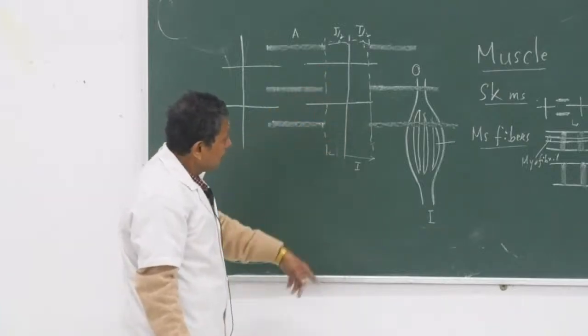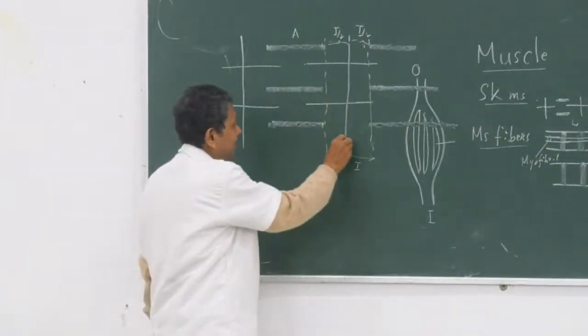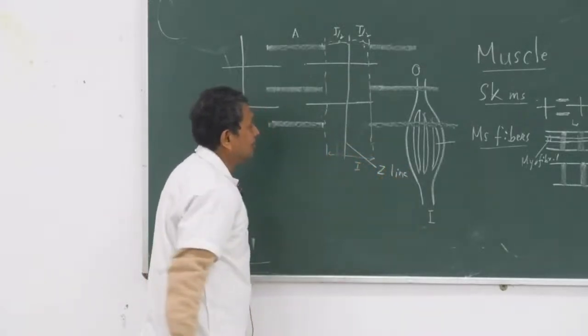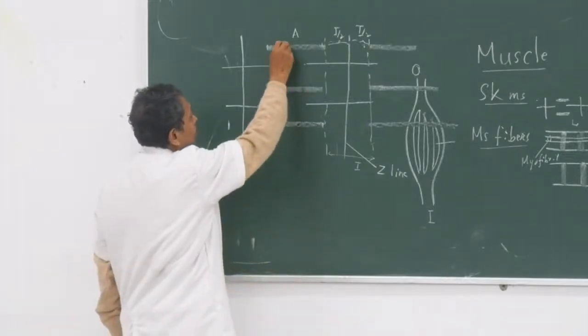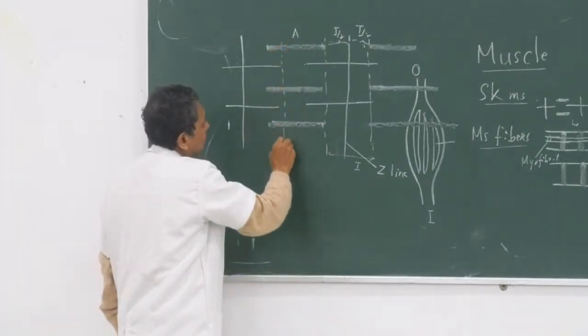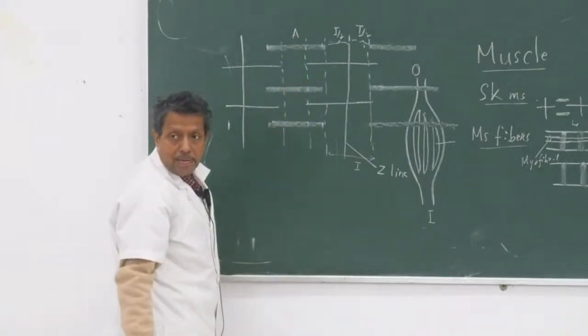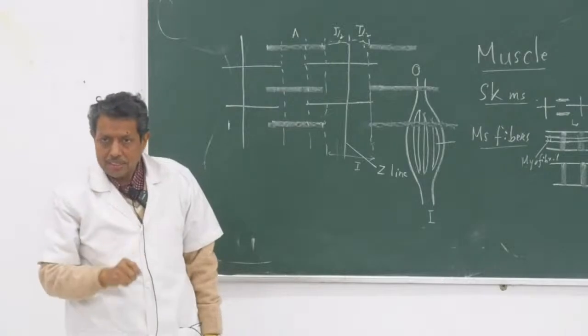This is the I band. And in between there is a deep line, it is called Z line. And within this part, this is the dark band, but at the center there is relatively lighter region.